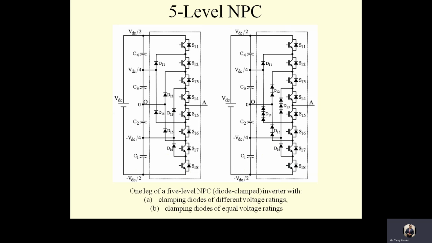Similarly, D13 has to block 3VDC/4 voltage, while D12 and D15 have to block VDC/2 voltage, whereas D11 and D16 in this figure have to block only VDC/4 voltage.